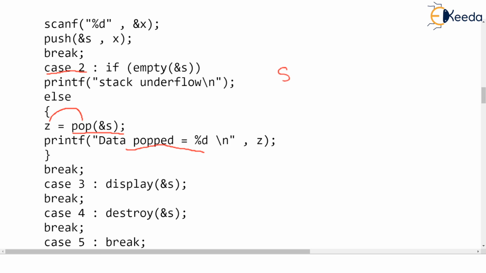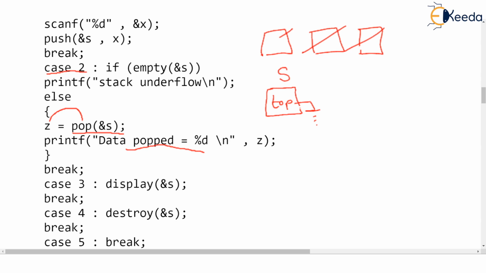S is the stack which has top pointer, and this top pointer is null. What that means is that there are absolutely no nodes created yet, or there doesn't exist any nodes in the stack because top is null.